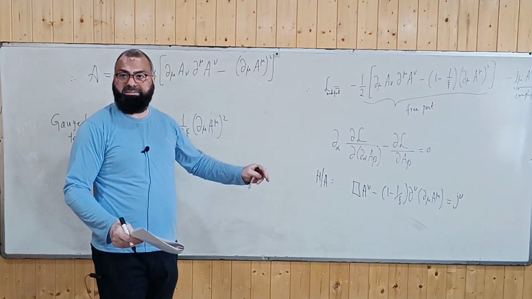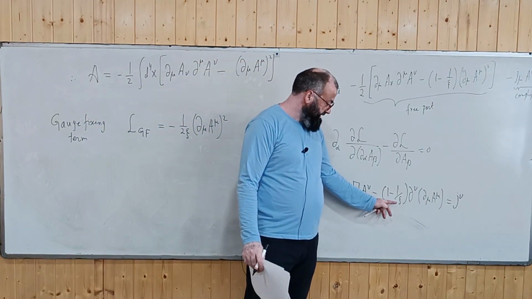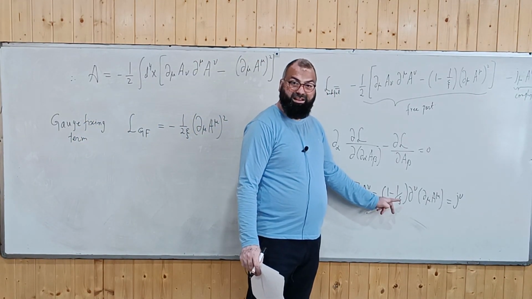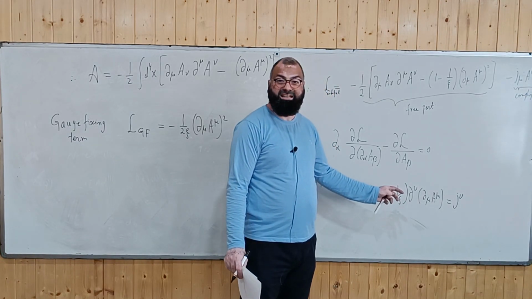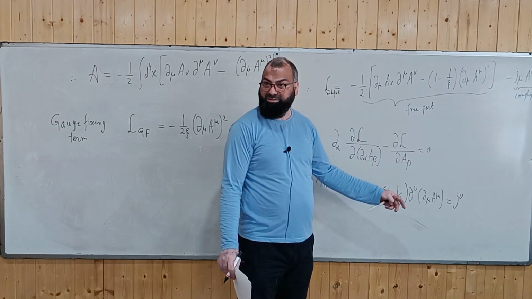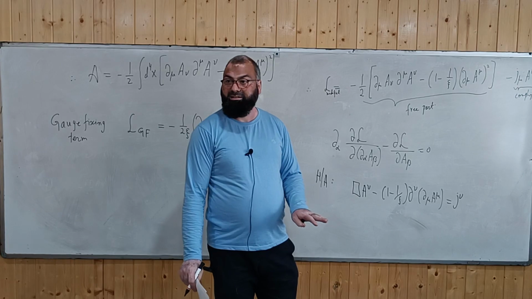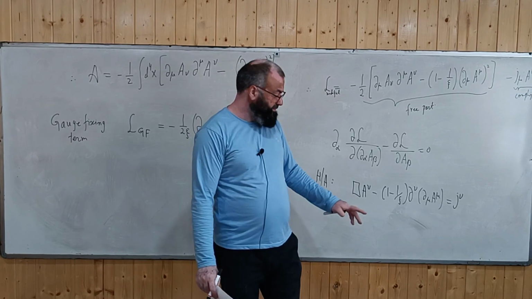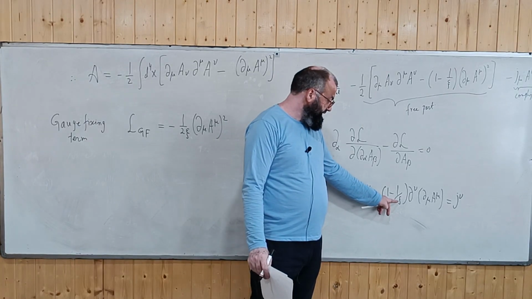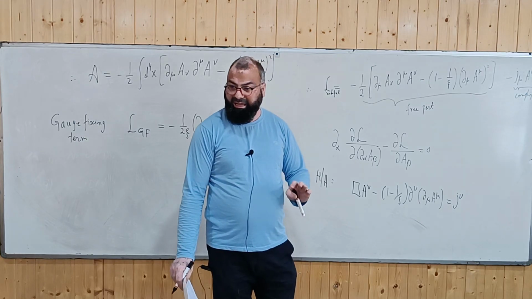So it is the same equation of motion we obtained earlier. So this term was not there, the rest of the terms were there. That means 1 by zeta is actually 0. If I put zeta equal to infinity, let's say, this term is equal to 0. So it is the same kind of equation we have at hand.